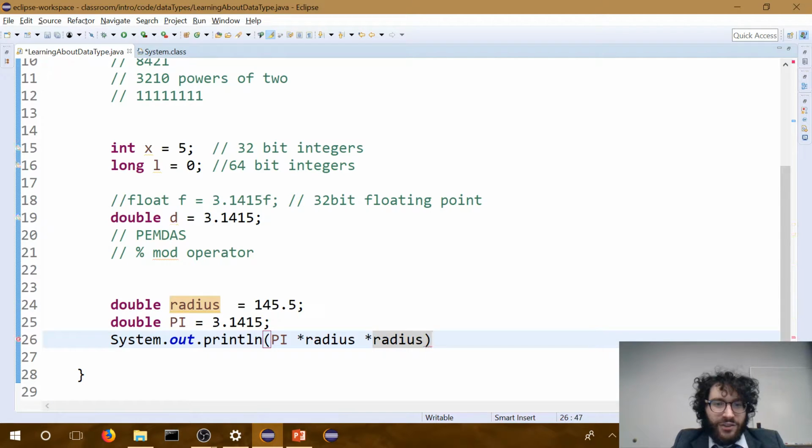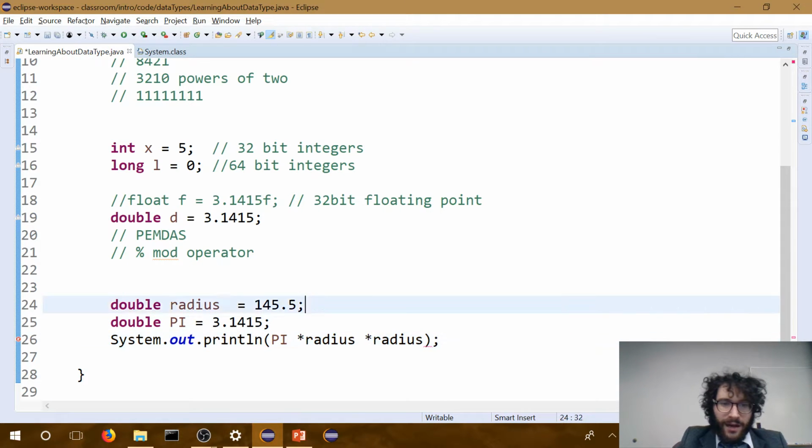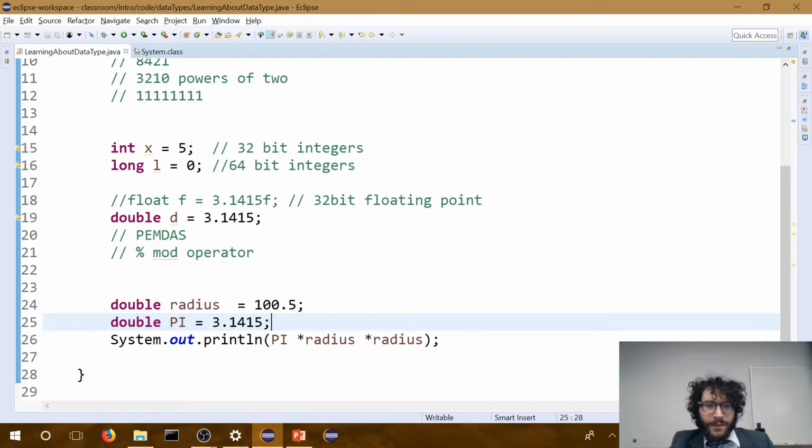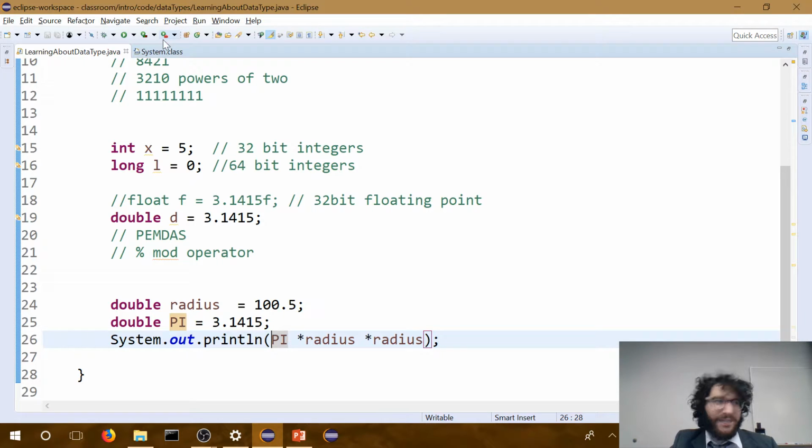Here, I only have to change one number, which is the radius over here. So variables basically allow me to change my code really quickly like that. So now 100.5 gives me 31,700 and change. That's pretty cool, but it doesn't really present meaningful information to the user.